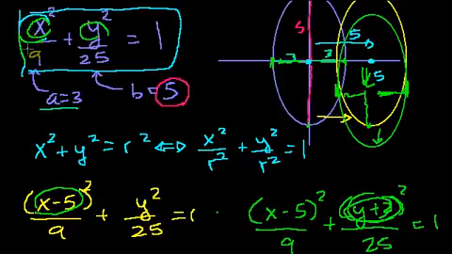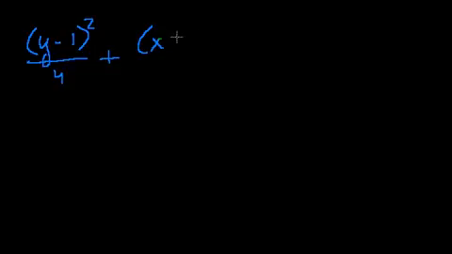I don't want to make it too confusing, but just to wrap it all up, sometimes you might see something like: graph the following, y minus 1 squared over 4 plus x plus 2 squared over 9 is equal to 1.